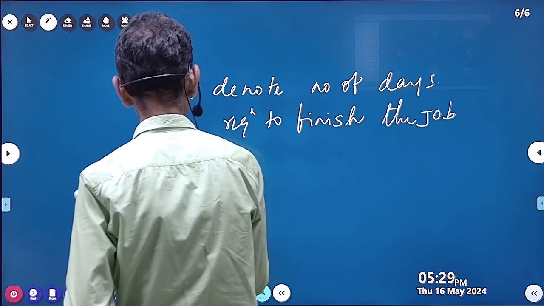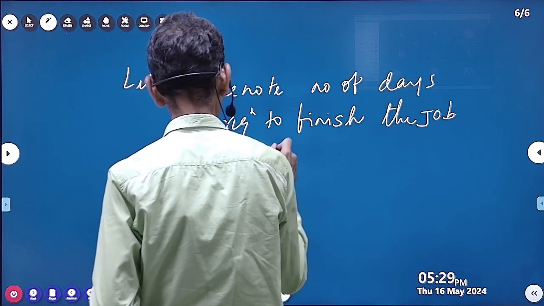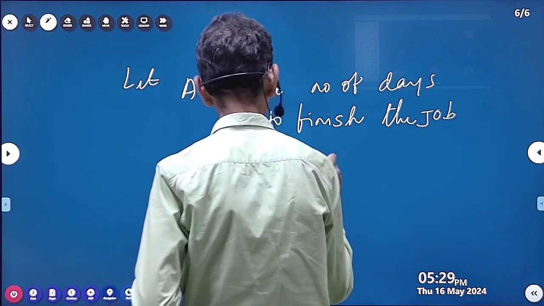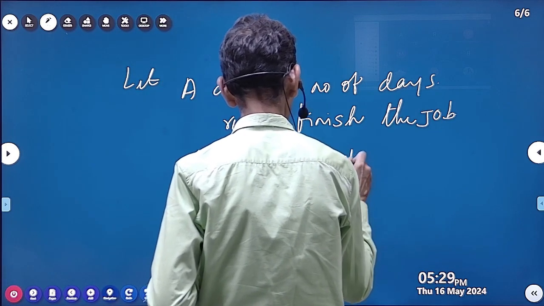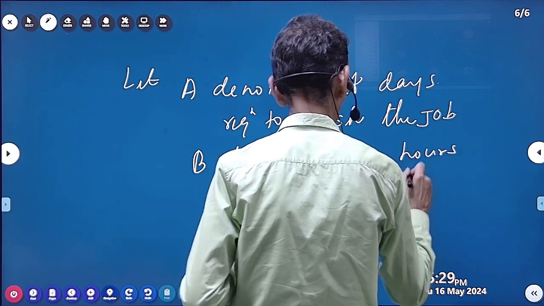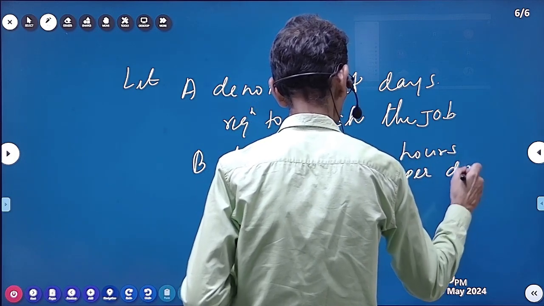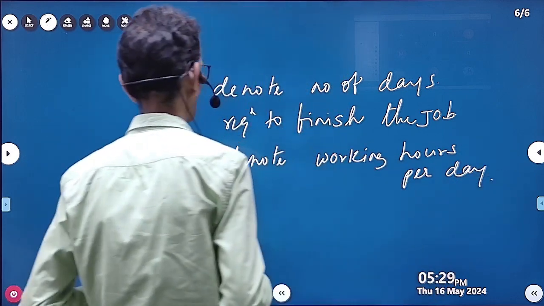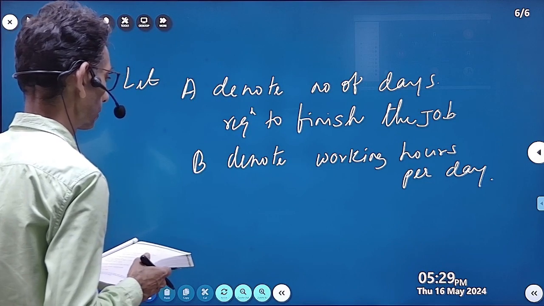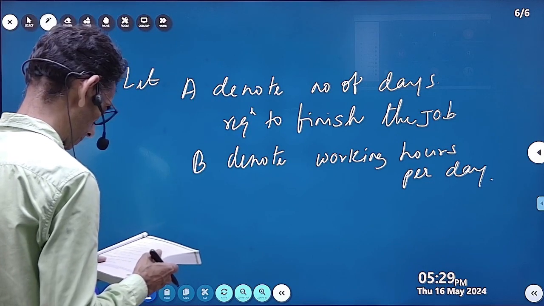B denote working hours per day. A denotes the number of days required to finish the job. B denotes the working hours per day.